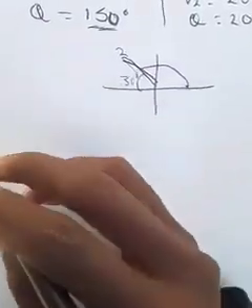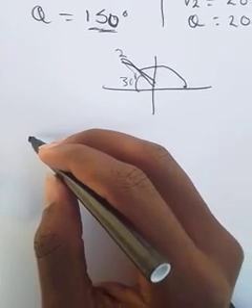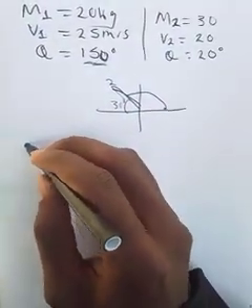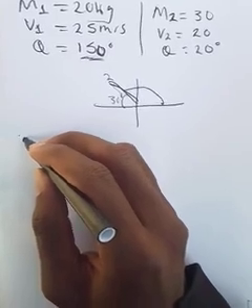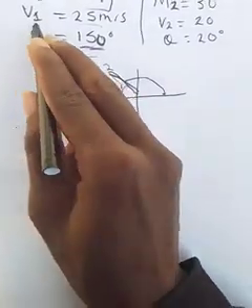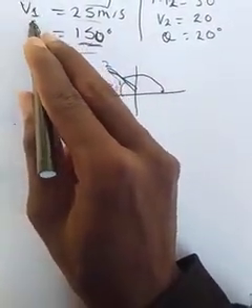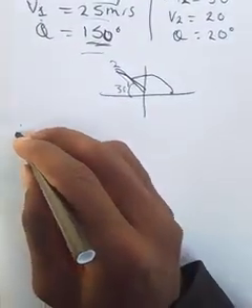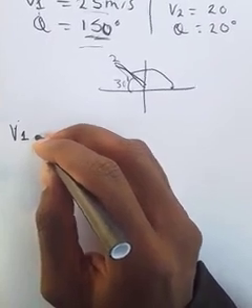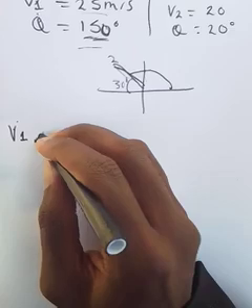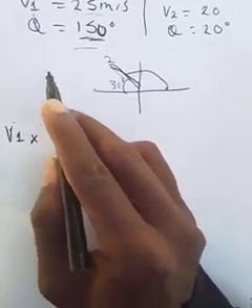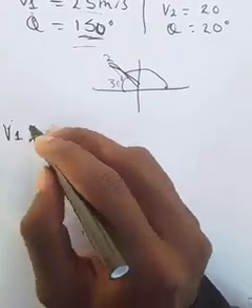Let's begin with the x and y components of the first object, mass 1. You know the velocity is this one and the angle is this one. To find the x component, this is like the resultant one. I'm going to say velocity 1, and these are the initial ones. The x component you need to specify.